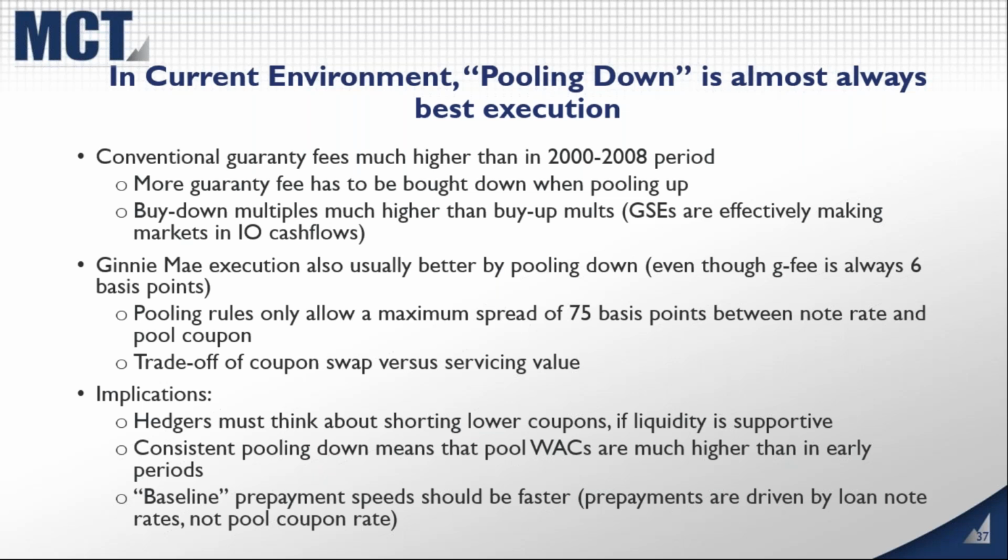Now, consistent pooling down also means that pool WACs are much higher than in earlier periods, and more accurately, not just the WACs, but the WAC spread, the spread between the weighted average note rates of the loans in a pool versus the coupon rate.